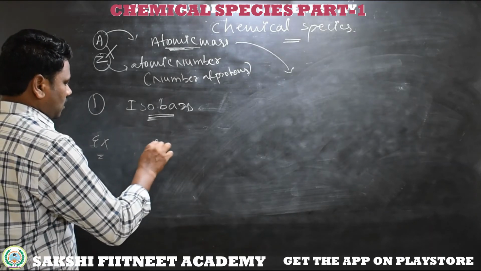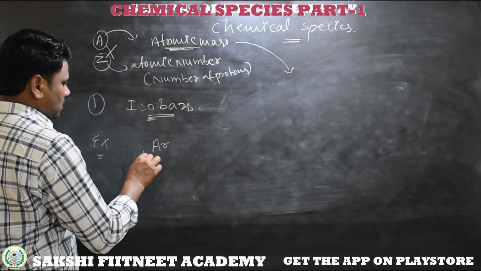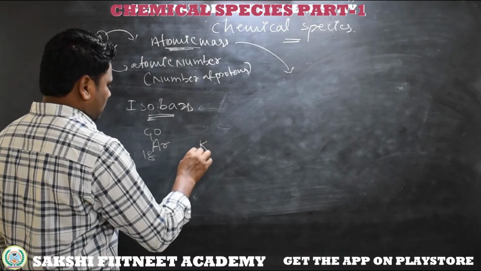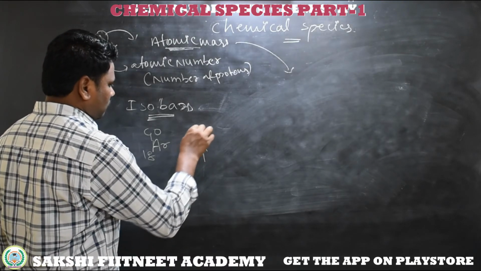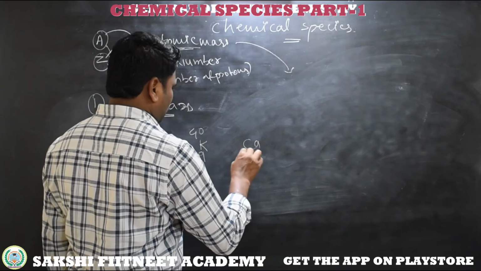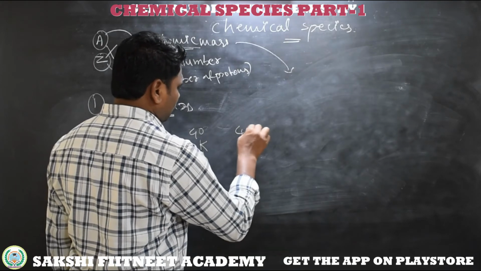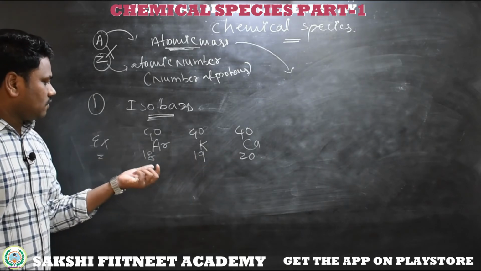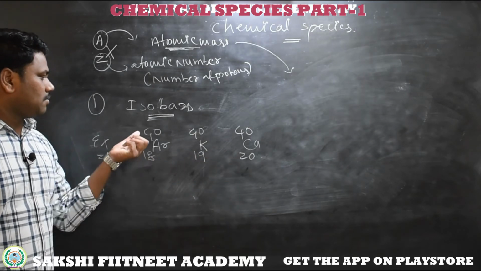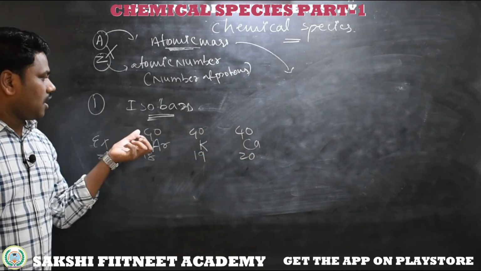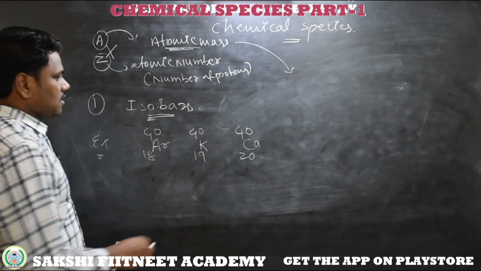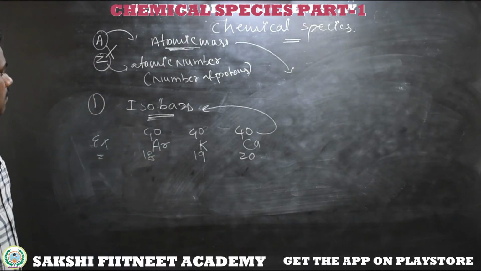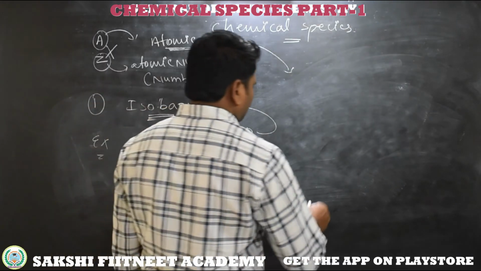Here I am taking argon, whose atomic number is 18 and mass is 40. Now potassium, atomic number is 19, mass is 40. Here calcium, atomic number 20, mass is 40. See here, these are elements which have different atomic numbers but the same mass. The mass is the same for these three elements, classified as isobars. Now I am taking another example.